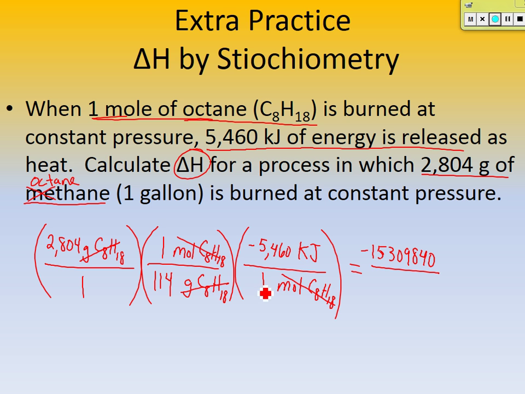So 1 times 114 times 1 is 114. So let's divide that number by 114. Did you guys get this? So delta H in this case would equal, what is that? A negative 134,297, if we round it to the nearest whole number, kilojoules. Did you guys get that?